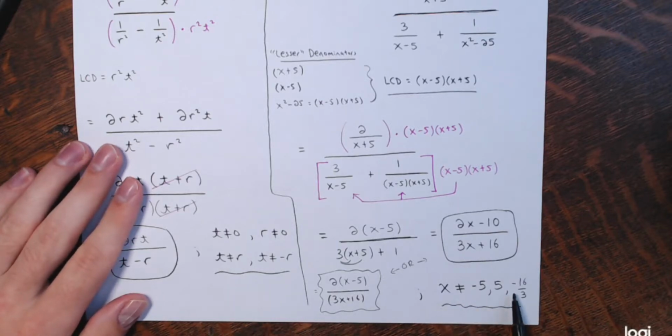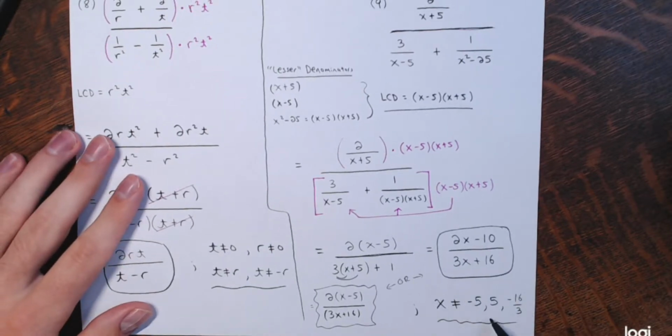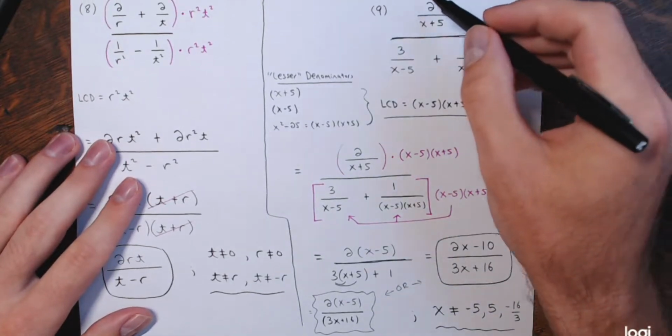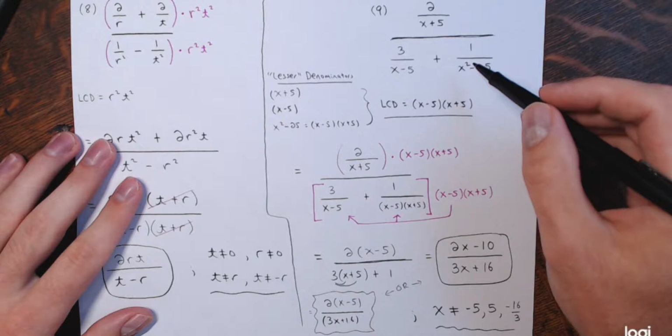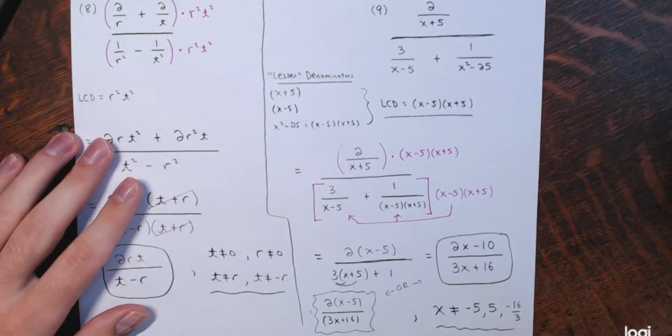You can replace x with anything except for negative 5, positive 5, and negative 16 thirds. So do that. Test it out. Replace x with numbers other than these three, and see if the value of the original expression is the same as the value of the final expression that I got. And they should be the same all the time. I leave that to you to test.